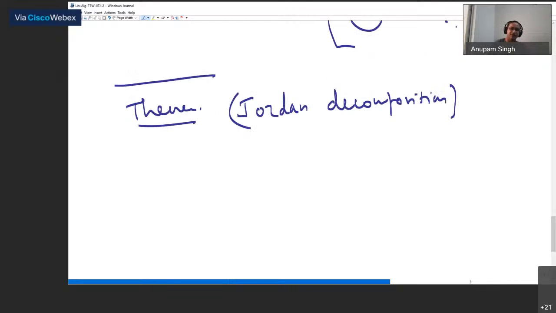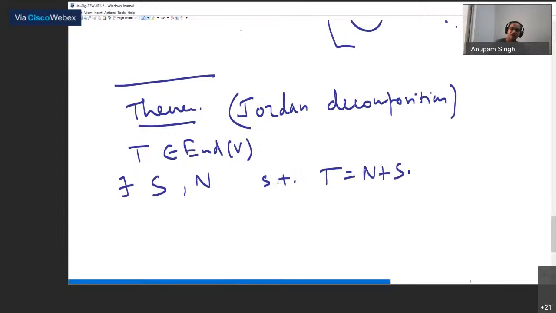For any linear transformation T in End(V), we have the additive Jordan decomposition: there exists some diagonalizable matrix S and some nilpotent matrix N such that T is S plus N and they commute, SN is NS. I'm just writing in short, so I'm not writing in complete detail. So this was the additive version.